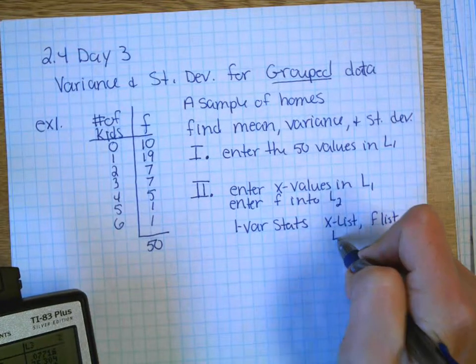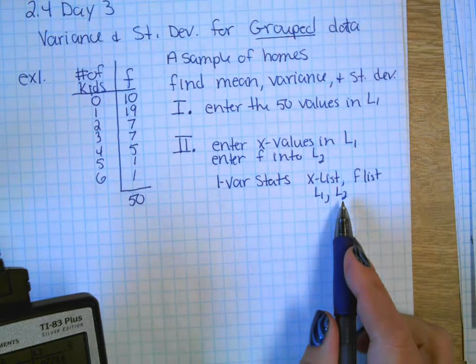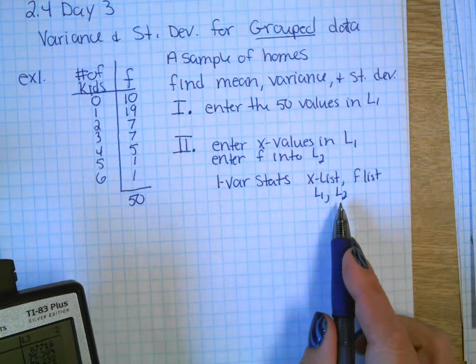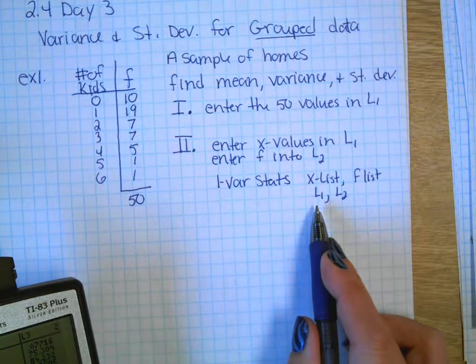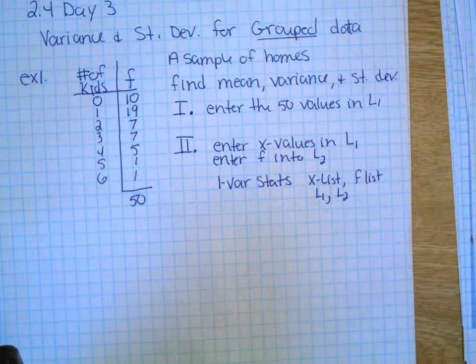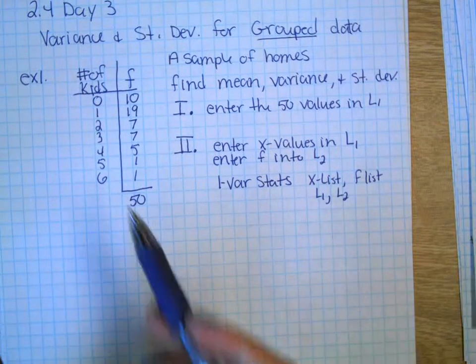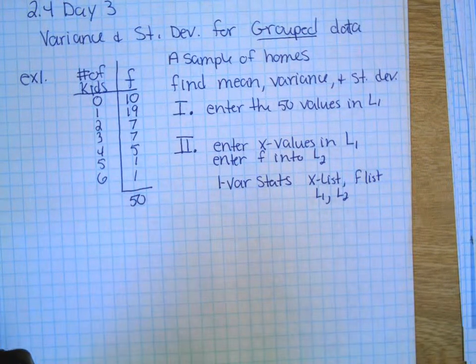So in our case, it's L1, comma, L2. When you put that second list in, the programmers automatically said, oh, that's the frequency for the first list. So when you put in two lists, it's just the way it's programmed in. We like Texas Instruments programmers. It will assume that you have 10 zeros, 19 ones, the way you have it paired up.